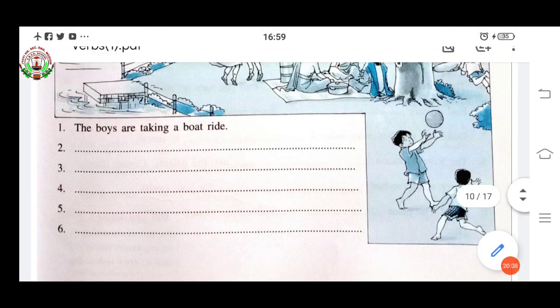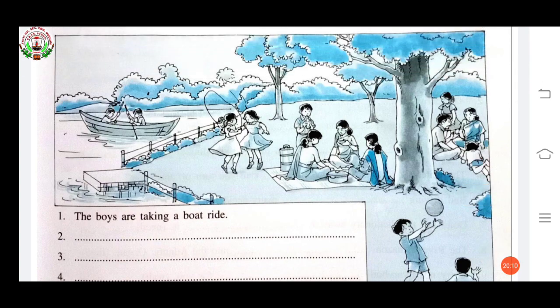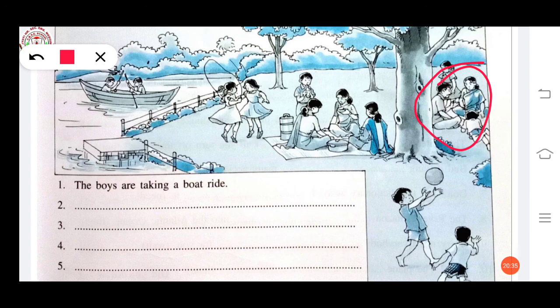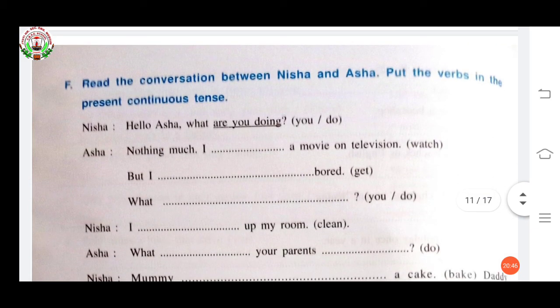And three ladies are eating and talking. And one family or a family is resting under the tree. Here this family may be resting under the tree. So you can make your own sentence if you can write. Okay, no problem.